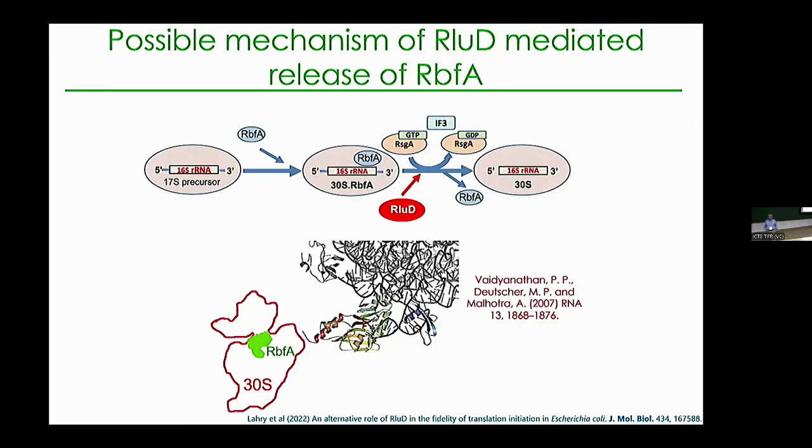I just have a naive question, but now that you know that this trimming, the 17S to 16S, is the first round of translation, can you estimate in E. coli how many ribosomes have not been used yet or are still in the 17S mode? And does that change in different conditions? We have done the northern analysis, but those are two different probes, so we haven't bothered to quantify them.